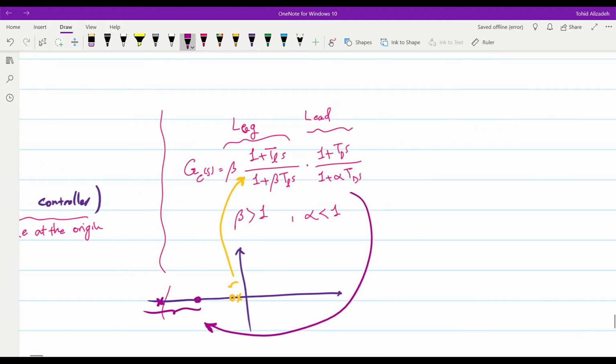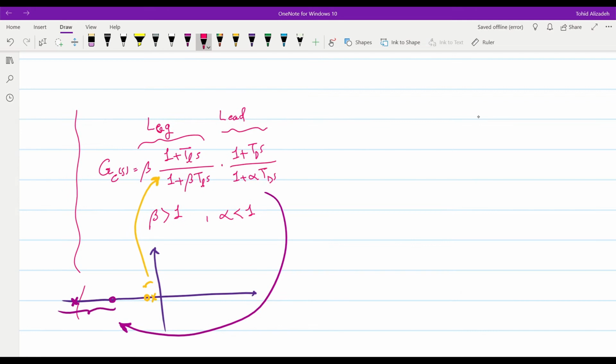And then in terms of the frequency response for this system, we will have something similar to this. Since the pole and zero of the lag compensator are closer to the origin, their effect will appear at lower frequencies.